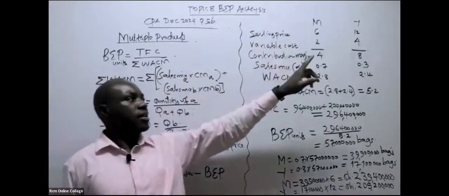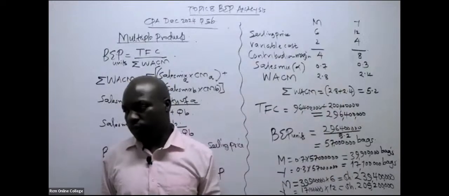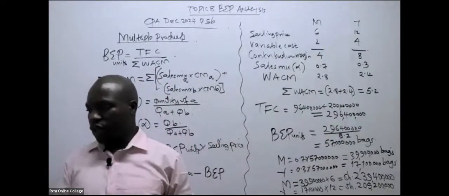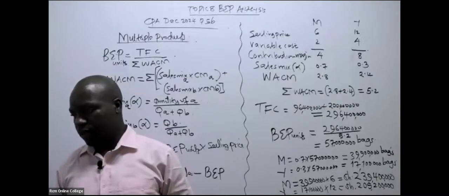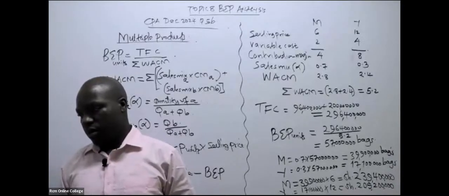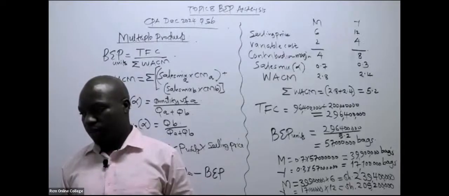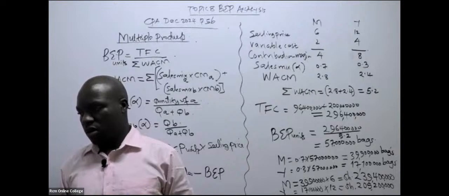CN, do you have 2.8 and 2.4? Good. So when you take 2.8 plus 2.4, what are you getting? 2.8 plus 2.4 is giving us 5.2. So is your question answered?